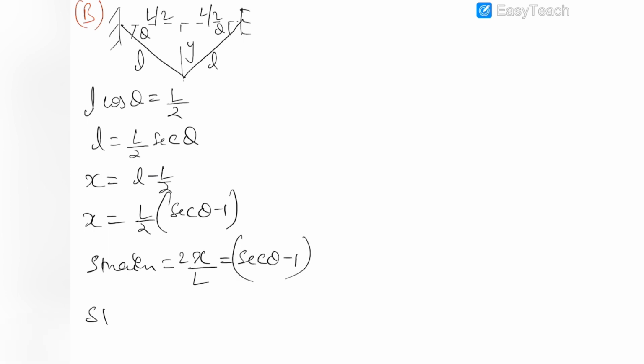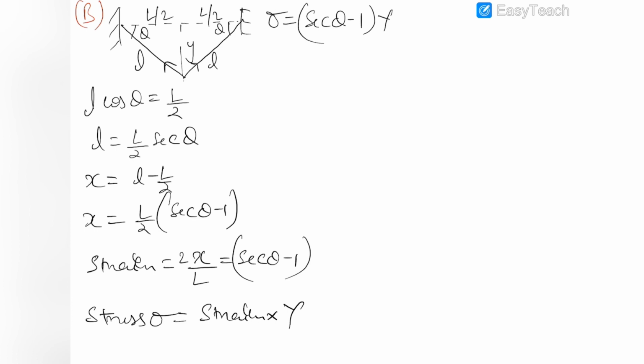Now the stress produced in the wire, sigma, is equal to strain into Young's modulus, so the stress sigma will be equal to sec theta minus 1 into Young's modulus. Let us suppose that a tension T is produced in this wire, and this is equation number 1.